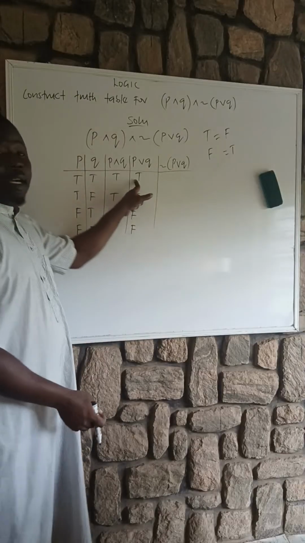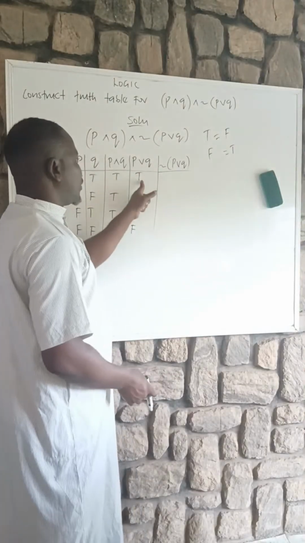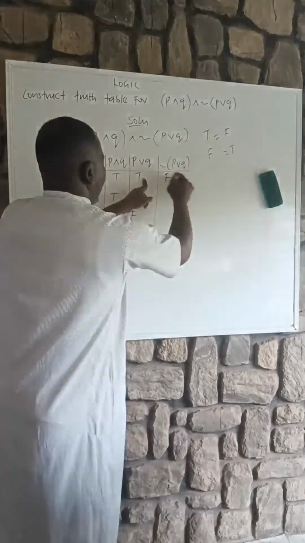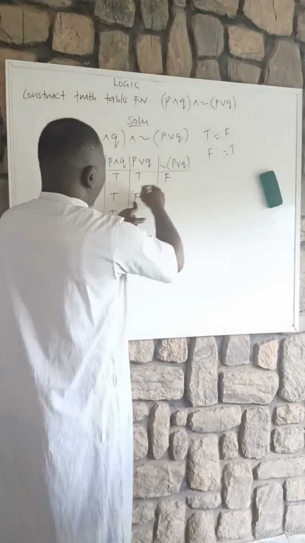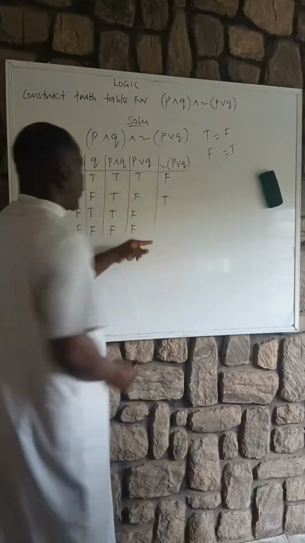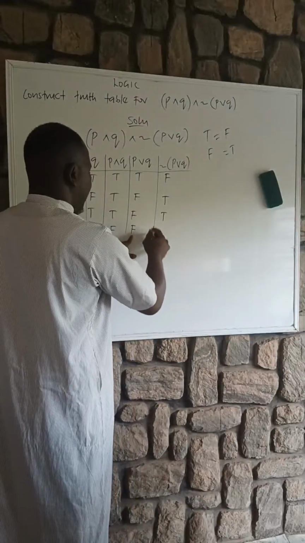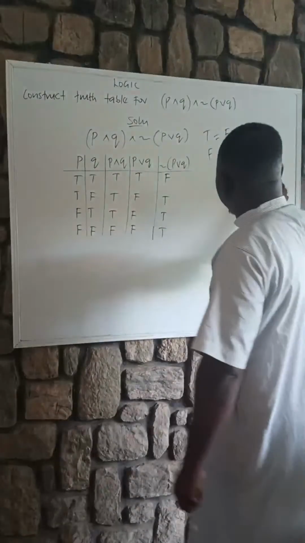Here, what we have is T, so the negation of P conjunction Q here will be false. True or false? Then here is false, so the negation will now be true. Here is false, the negation will be true. Then here is false, the negation will be true. Amen? Any question? So we can proceed, right?